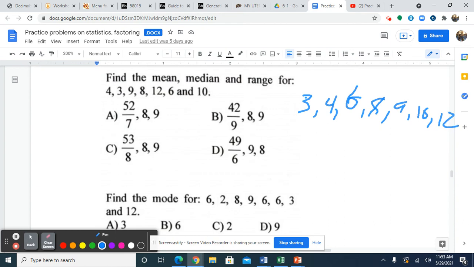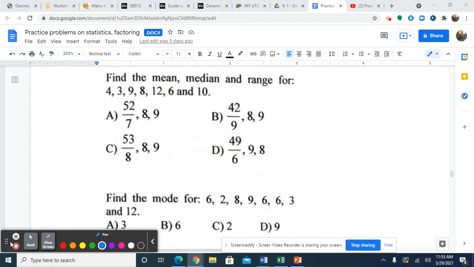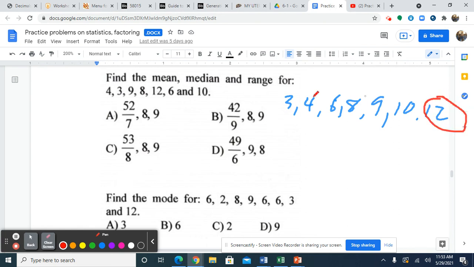So we're meant to find the mean, median, and the range. So the easiest one would be to find first the range. We're going to take the highest number, 12, lowest number, 3, and subtract those. So 12 minus 3 means that our range is 9.